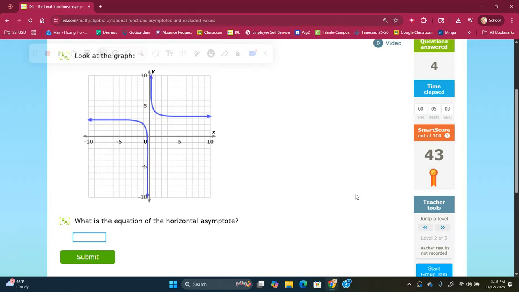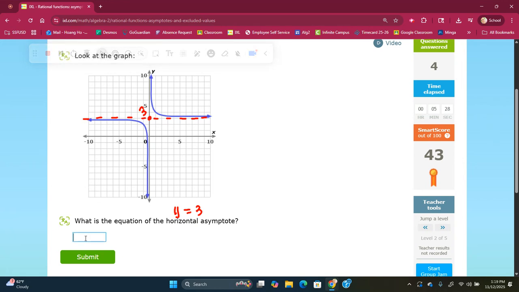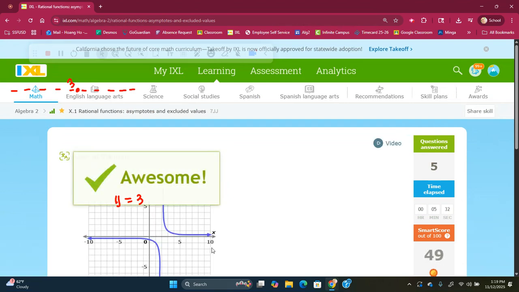So let's do a couple more horizontal asymptotes in this case. That should be this horizontal line, and you can see it passing through number 3. So the horizontal asymptote is y equals 3. Voila.